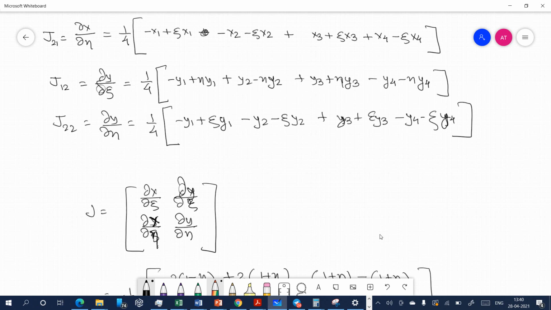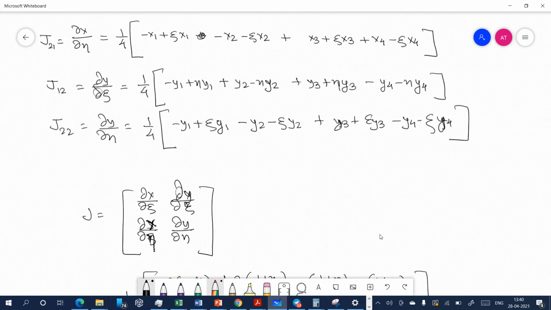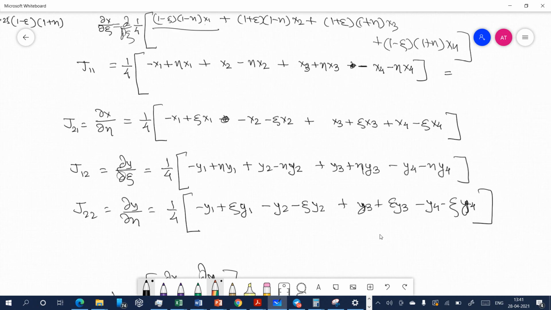So J11, if I take x1 out, so I have minus 1 minus eta, so 1 minus eta, but minus 1 minus eta is going there, so 1 minus eta, and, no, something is wrong here.